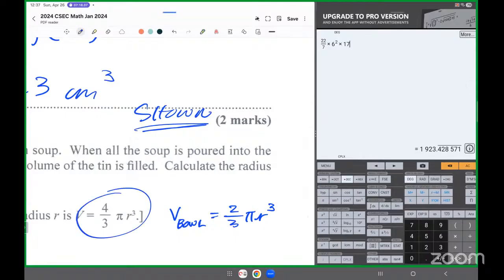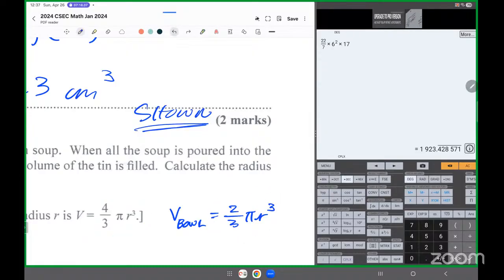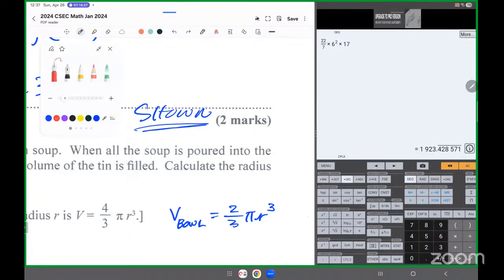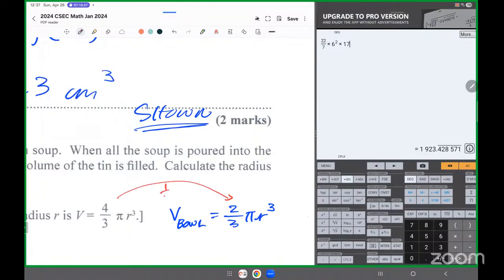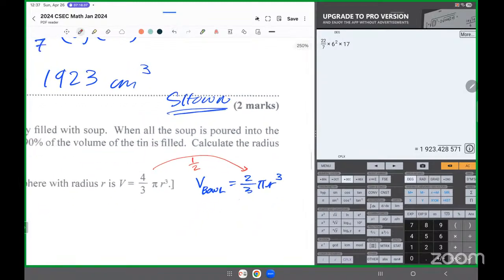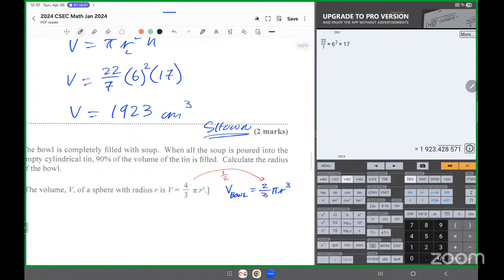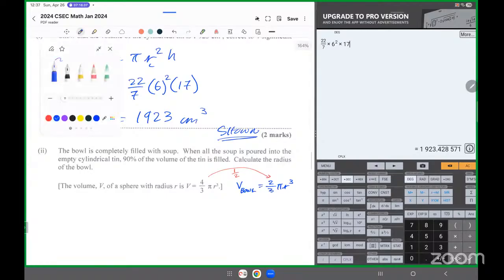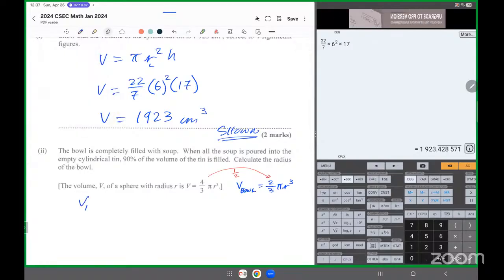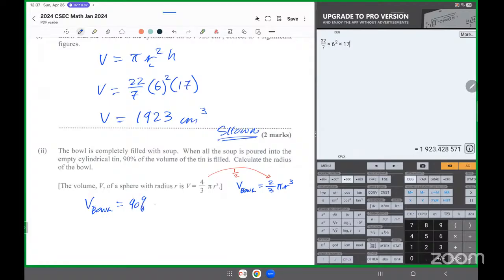So the volume of a whole sphere is this, and the volume of a bowl is half of that. All right? So what this means is that the volume of the bowl equals 90% of the volume of the cylinder. That's what they say. So the volume of the bowl equals 90% times the volume of the cylinder.